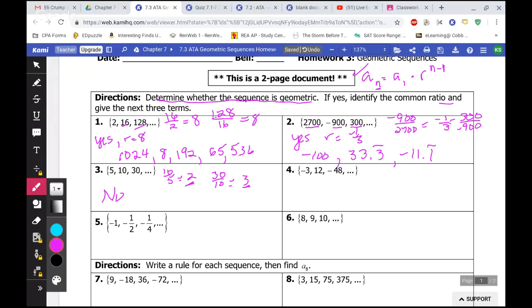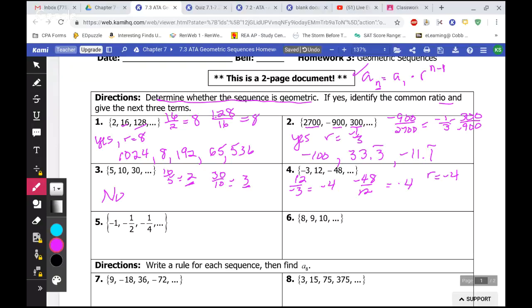And number 4, I've got 12 over negative 3, which would give me a negative 4. Negative 4 is the constant. Yes. And I just always kind of like to confirm it. Is that making more sense? Okay, good.